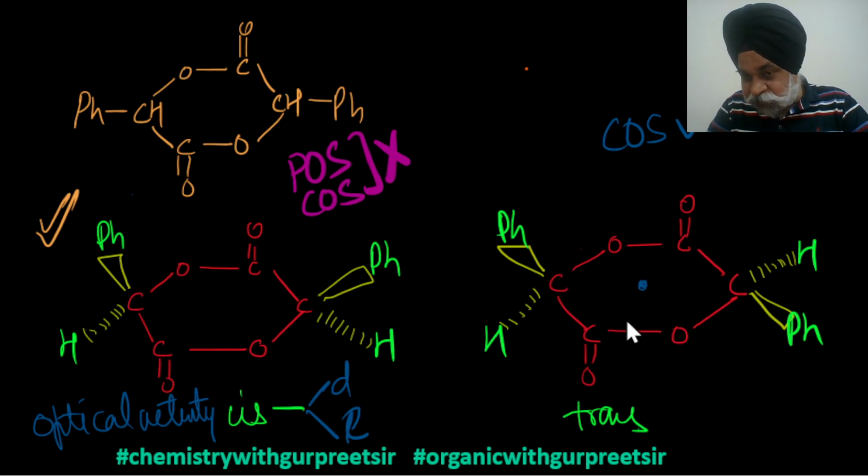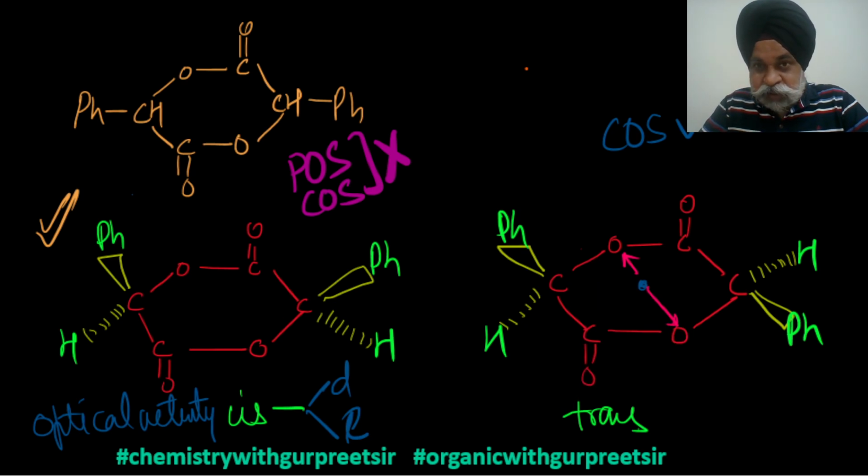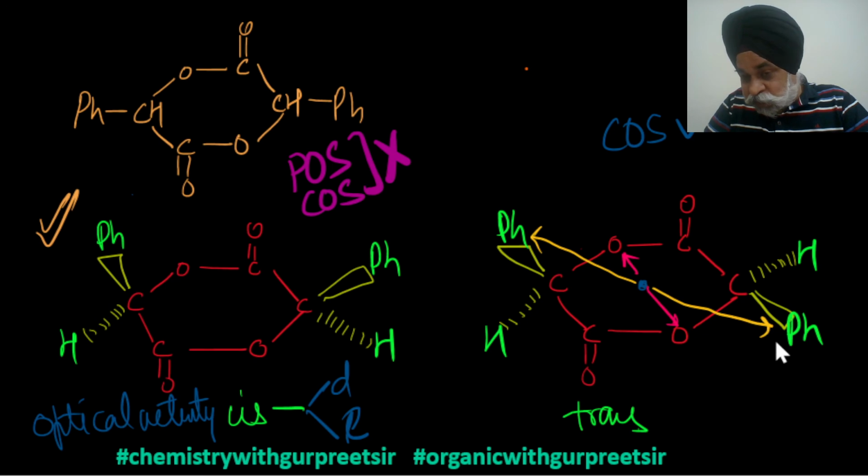If that property is available, then we say centrosymmetry. You do not have to see one group only. Just see here, if I go this side, oxygen at equidistance. If I move up, I get phenyl, and if I go to the bottom at the same distance, I get phenyl as well.